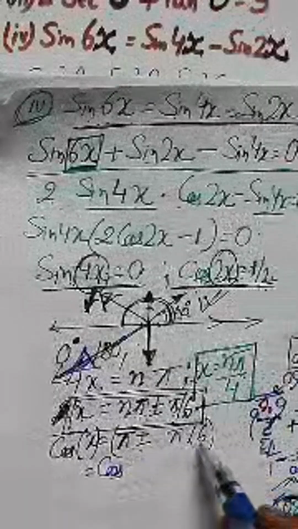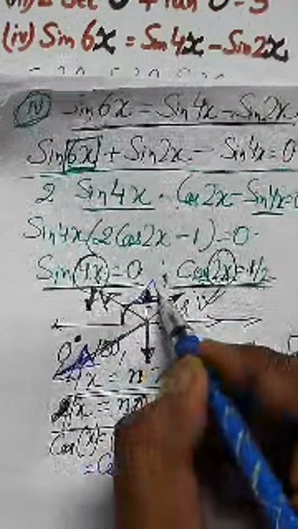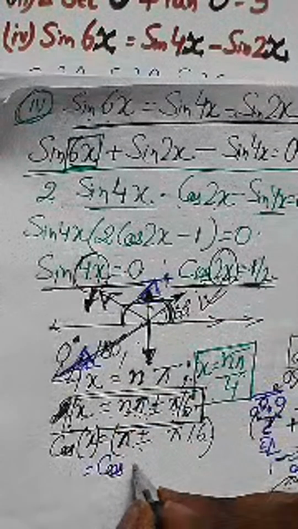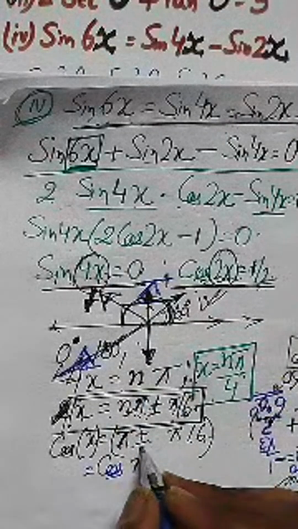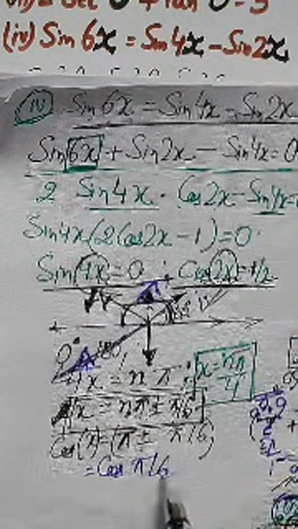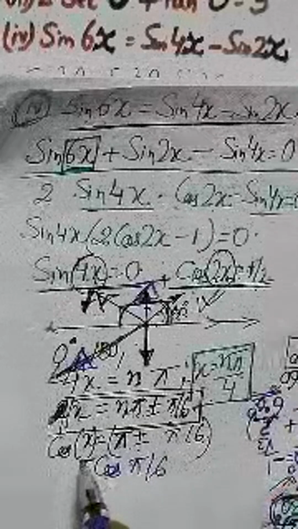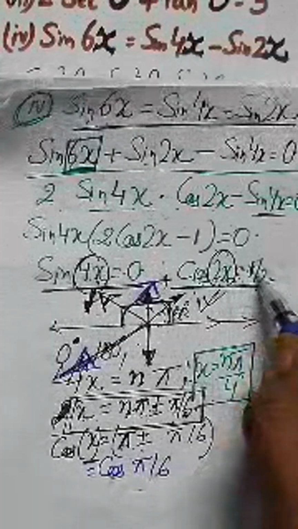Pi plus pi by 6 is coming, because here it is pi till this point and then plus pi by 6. So this will give you cos of 180 plus theta, which is minus cos theta, that is minus cos pi by 6, and here the value should be negative, but our value should be positive. You can see cos 2x is plus 1 by 2.